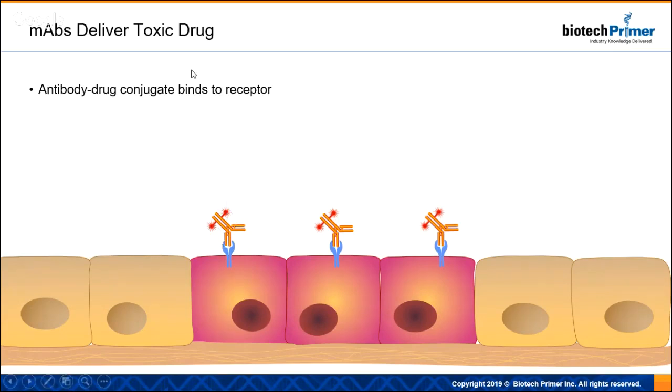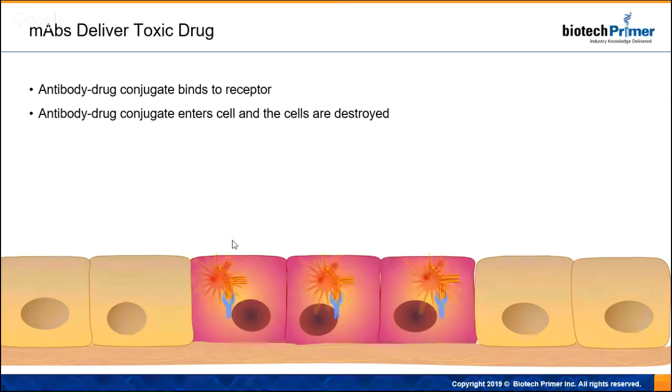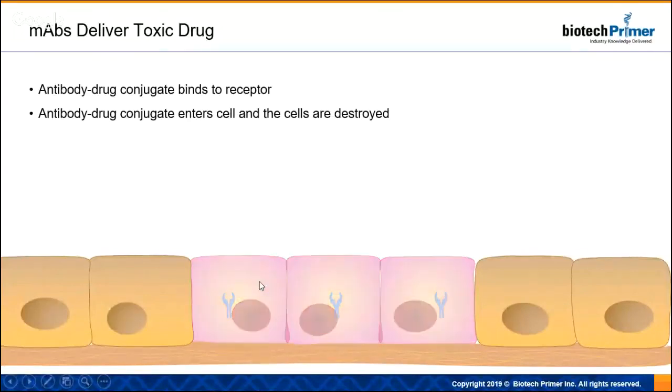We're also going to choose a receptor that, as part of its natural life cycle, gets taken up or reabsorbed back into the cell. So our antibody with the toxic drug attached is going to bind that receptor. Over the course of a few days, it's going to be taken back up, reabsorbed by the cell. And once inside the cell, there's a pH change, so the toxic drug is released, killing the tumor cells.